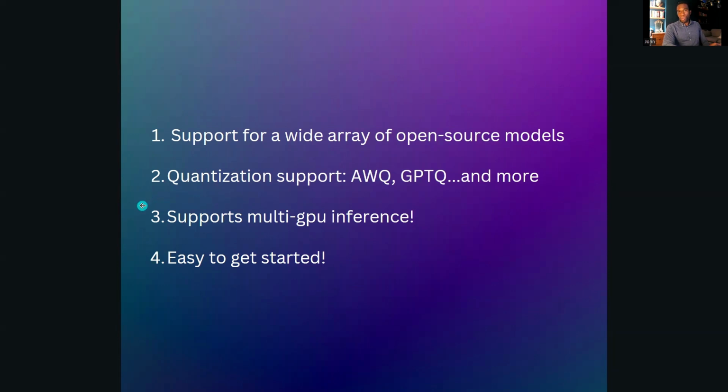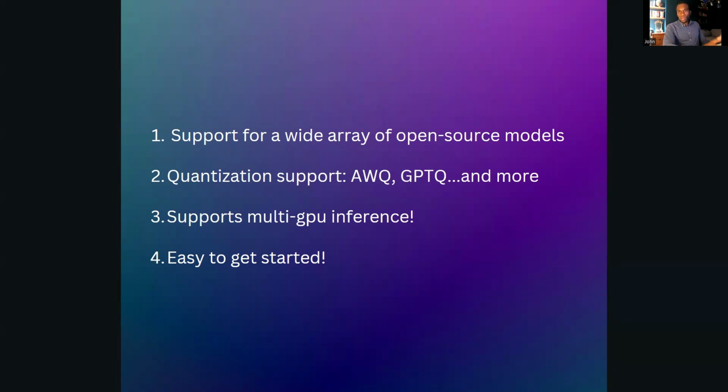It also supports multi-GPU inference. For some of the largest large language models, you need access to GPUs with a lot of VRAM. And sometimes getting access to the A100s or H100s can be difficult. They're in such high demand. But what you can do with vLLM is string multiple lower VRAM GPUs together and have your large language model operate across those.